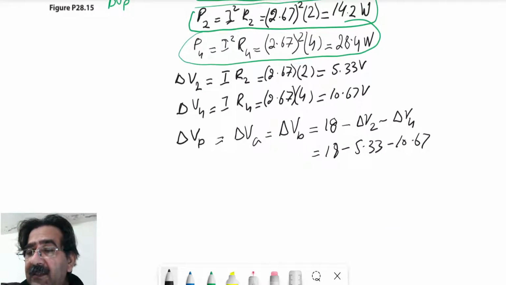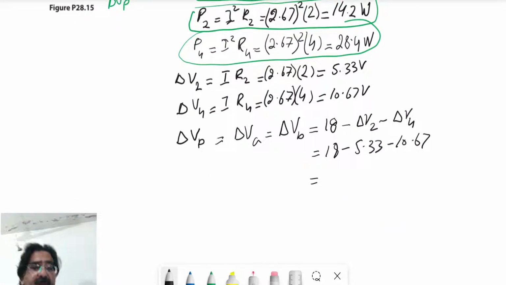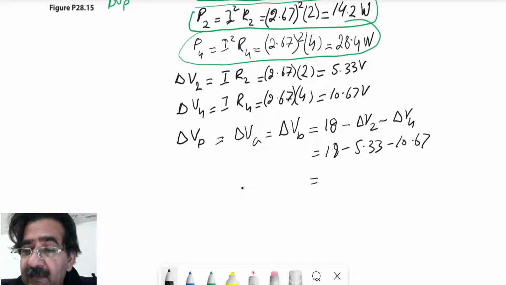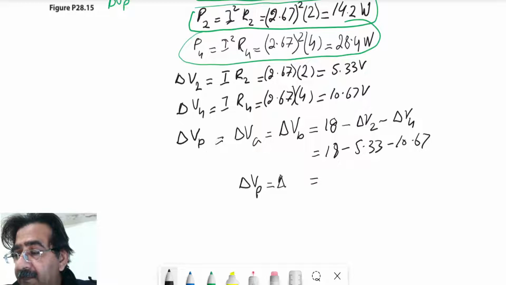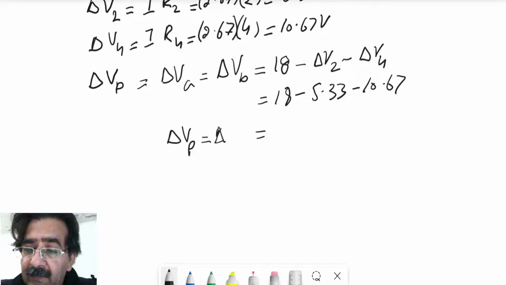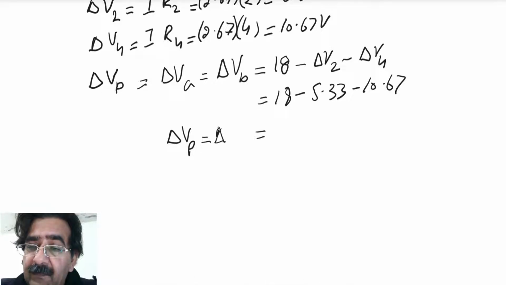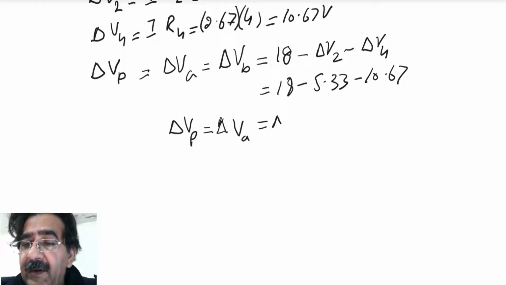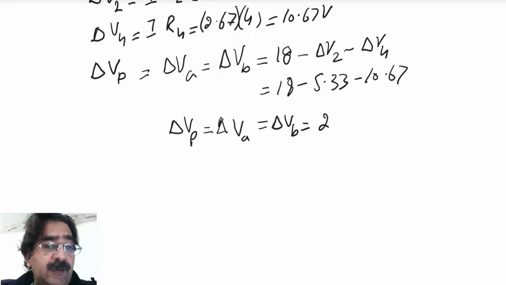By calculating this and subtracting, delta Vp, that is delta Va and delta Vb, will give us 2 volt.